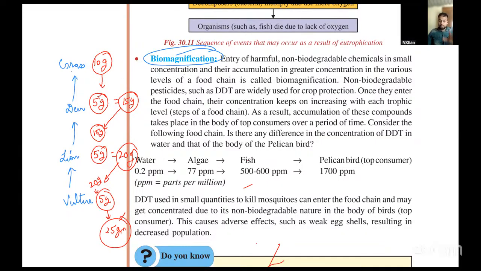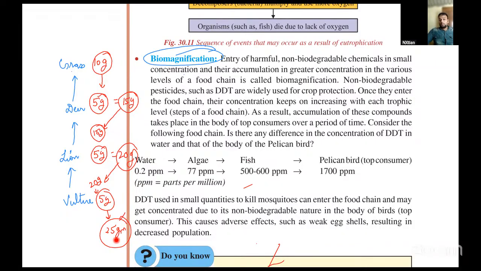Incubation means the vulture sits on its egg to give warmth. But now the warmth is not there. Before, it did not happen like that, but now when the vulture sits, the egg breaks because the extra chemicals make the calcium of the egg shell weak.